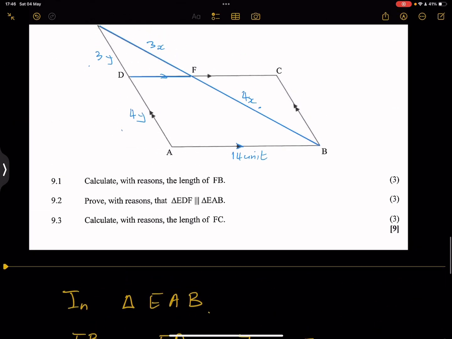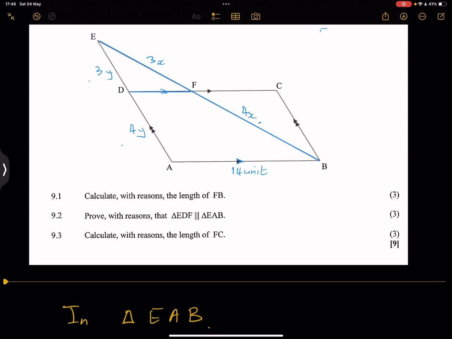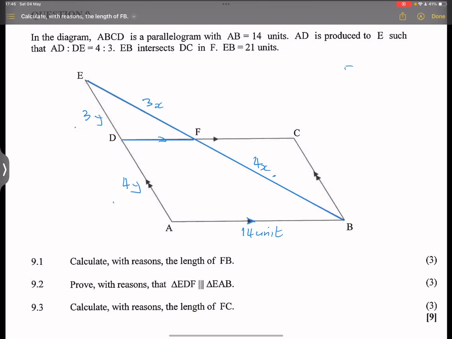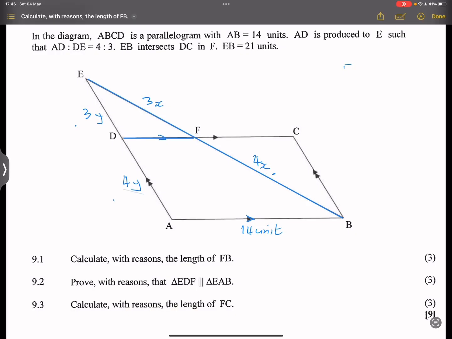So they say prove with reasons that triangle EDF is similar to EAB. First of all, let's note that angle D will be equal to angle A. So EDF is equal to EAB.